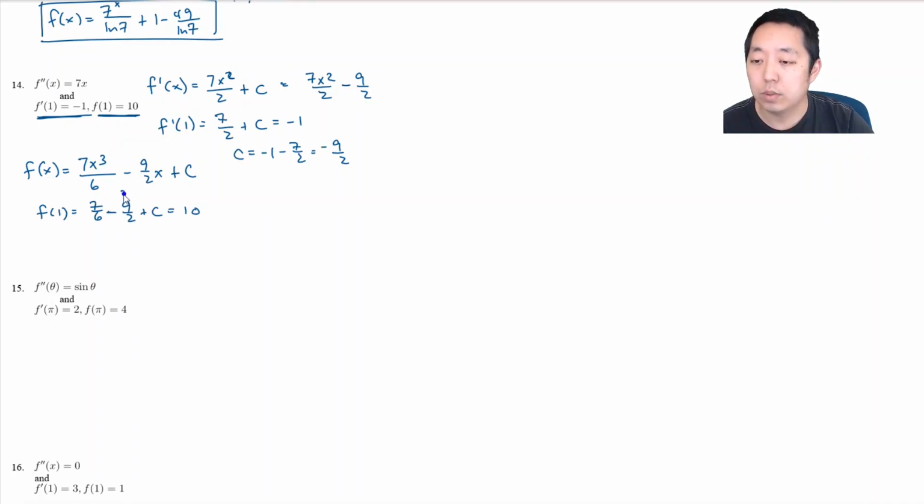So this would be 27 over 6, and then I subtract that, that's minus 20 over 6 plus c is equal to 10. And so that means c would have to equal 10 plus 10 over 3. 20 over 6 is 10 over 3, which is 40 over 3. So our solution then is f of x equals 7/6 x cubed minus 9 halves x plus 40 over 3.